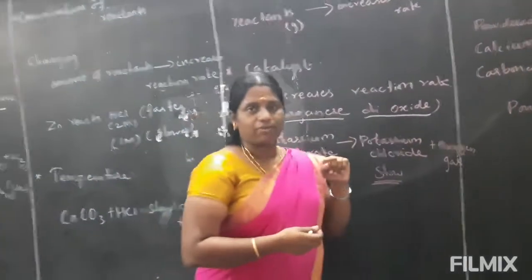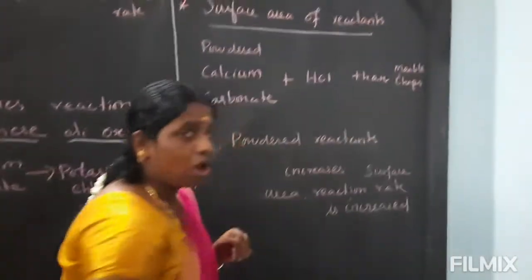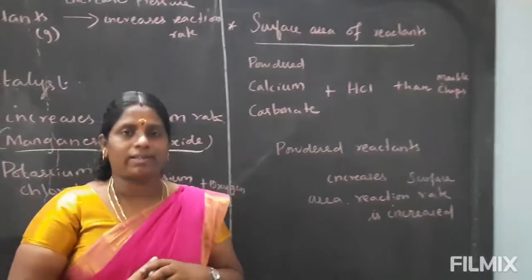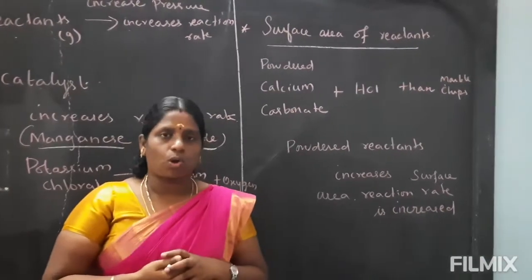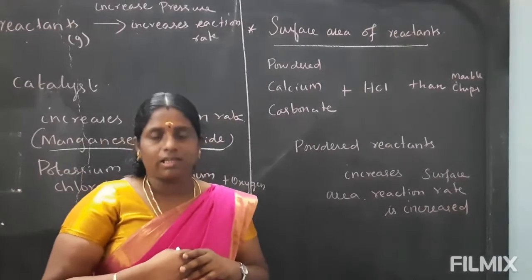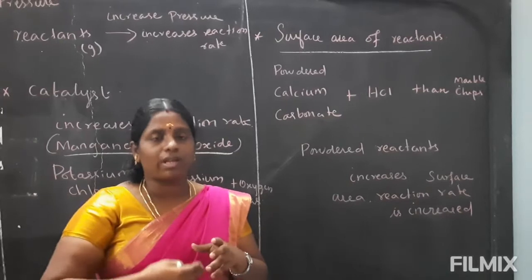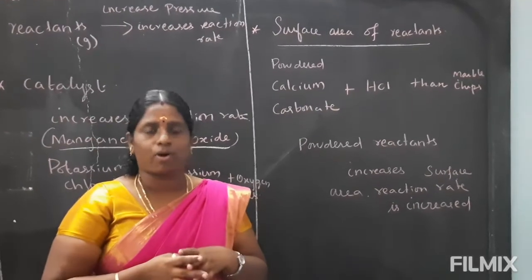And the last factor is surface area of reactants. What is the meaning of surface area of reactants? If the reactant is a solid and it is reacted with an acid, it will take a long time to react and get the product.